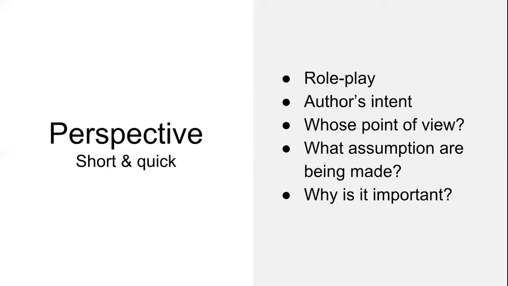Things that you can do for perspective: you can role play. So Reacting to the Past is another place where you can do some role playing. We've had a couple of good podcasts on role playing that I highly recommend that have some ideas about ways that you can implement that in different contexts. You could be asking things about the author's intent, so that you're not just thinking about what they are saying, but what did they intend to say, maybe why are they saying what they're saying, what might have informed their perspective.